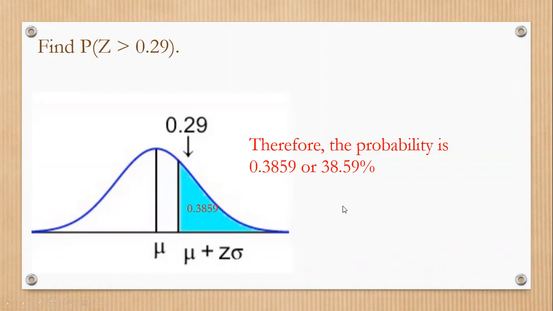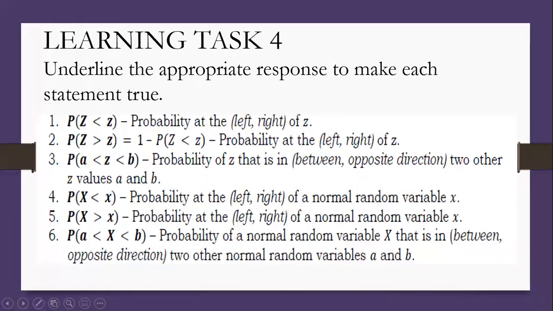Okay? Yan. And for your learning task number 4, so ito po yon, underline the appropriate response to make each statement true. So ito po siya ha. The probability that z is less than z, is it to the left or to the right? So i-underline lang po ninyo base po dito sa mga symbols na ginamit. Nakakaintindihan tayo mga anak?